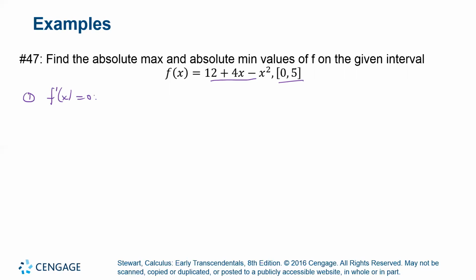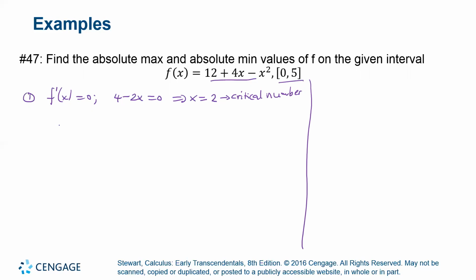This gives me 4 minus 2x equal to 0, and that implies x is equal to 2. Is 2 in the interval 0, 5? Yes. So this is a critical value or critical number.